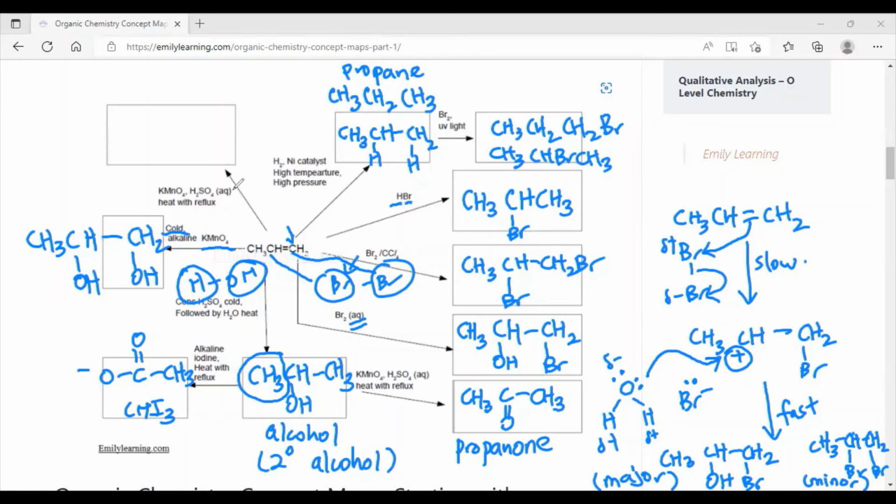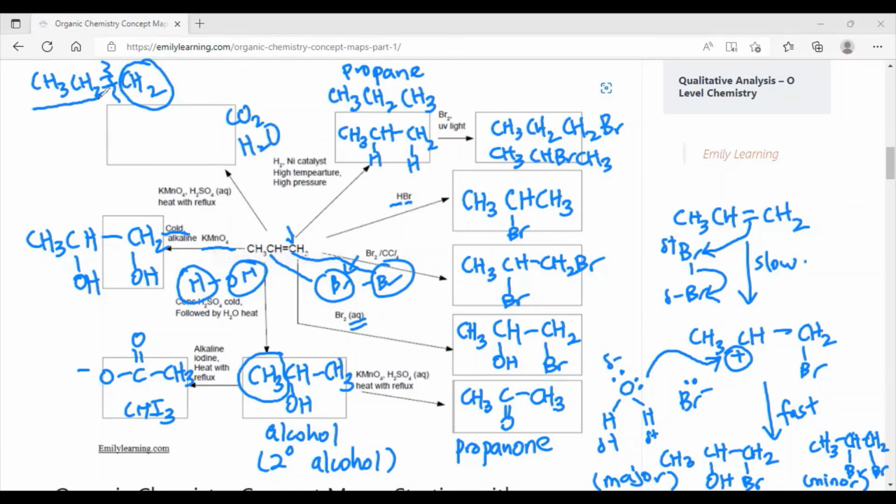Next, let's take a look at this. For this, we have propene reacting with hot acidified KMnO4. So this is oxidative cleavage. During oxidative cleavage, the C=C double bond breaks. If you have a CH2 group, then you will get CO2 and H2O.